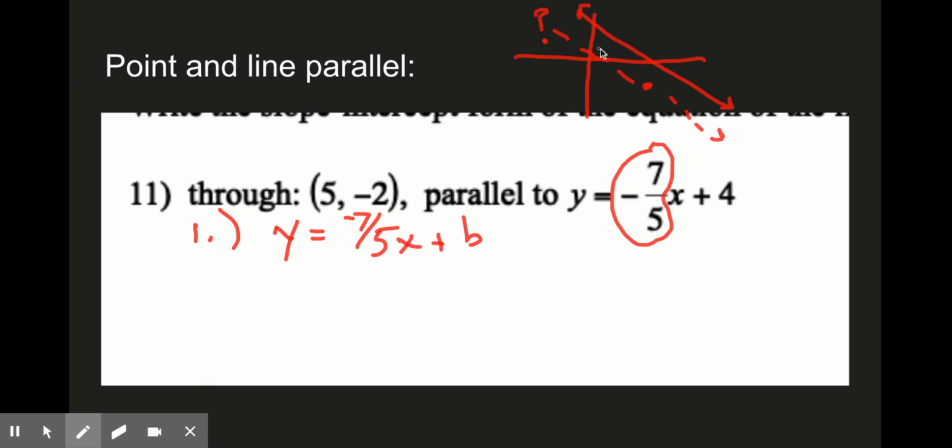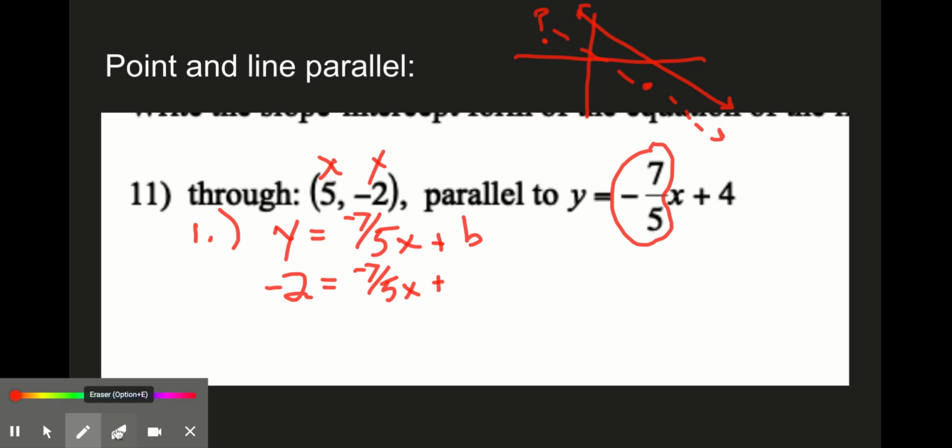Like this clearly has a different y-intercept than this one does. They're different lines. And I don't know what it is, but I'll figure it out the same process I've been using. Sub in these variables. Negative 2 equals negative 7 over 5 x plus b. Oh, I forgot to plug in the x. So times 5 plus b.